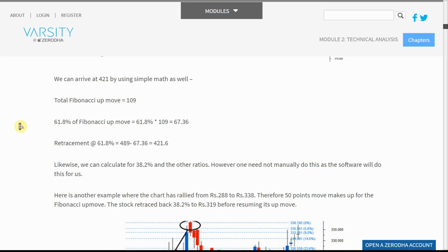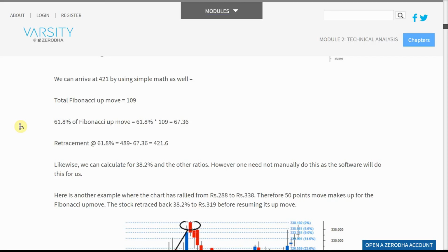Retracement at 61.8% equals 489 minus 67.36 equals 421.6. Likewise, we can calculate for 38.2% and the other ratios. However, one need not manually do this, as the software will do this for us.